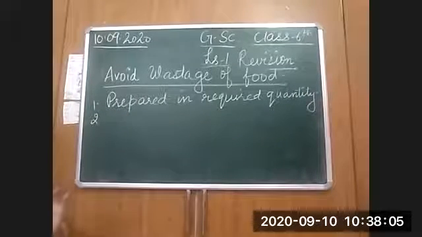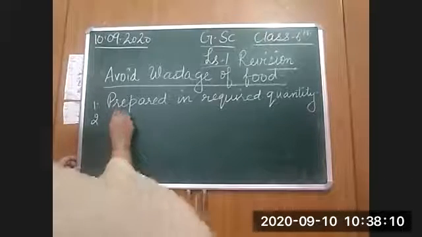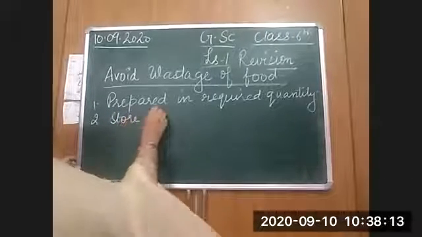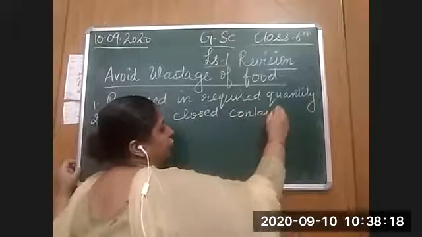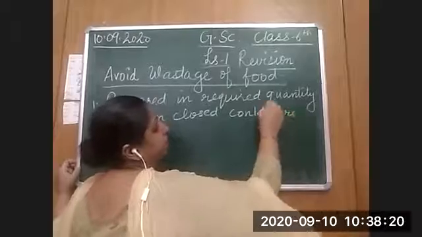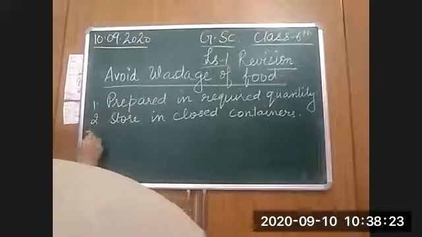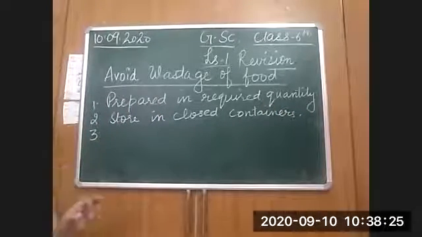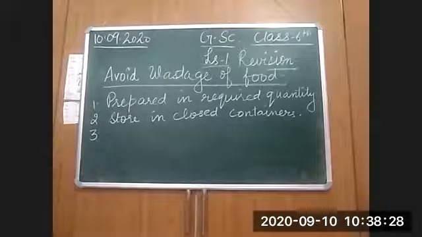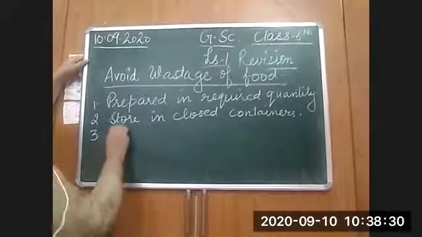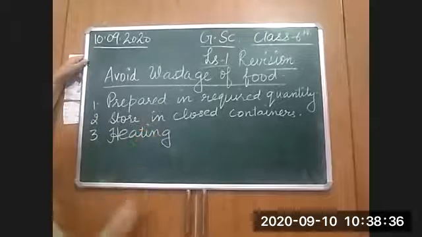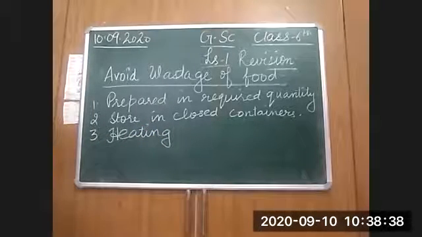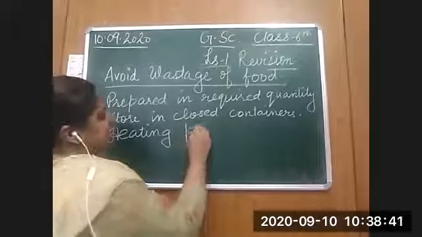Then if the food is left, food must be stored in closed containers. Why in closed containers? To protect it from germs, flies and insects. Right? Then you can also prevent the food from spoiling by heating. In this way, food cannot get wasted. Heating prevents spoiling.